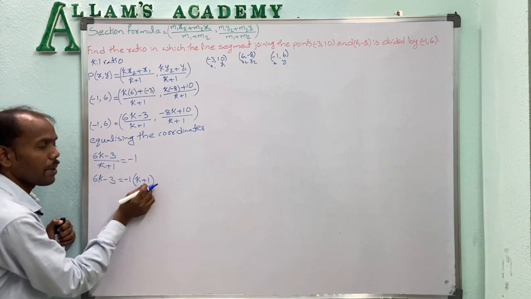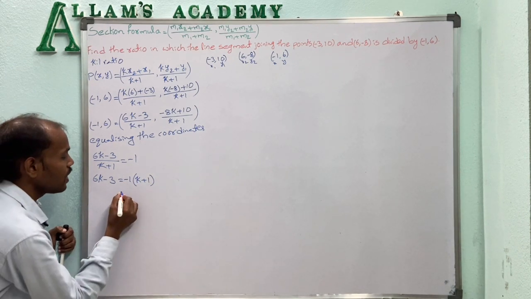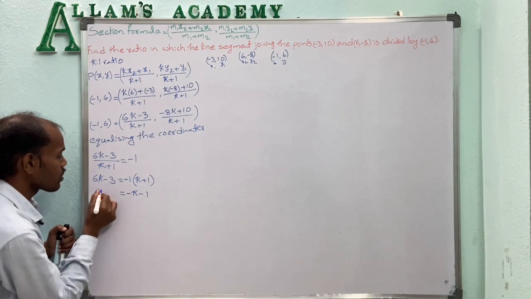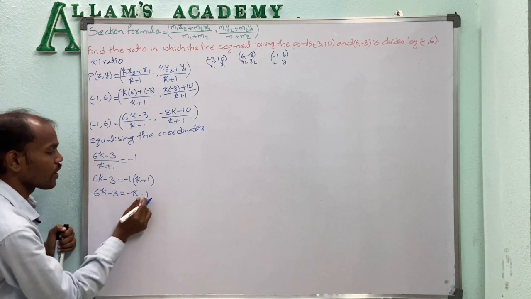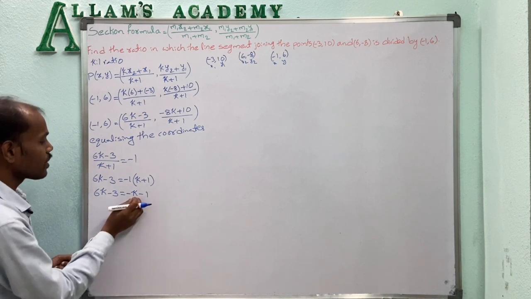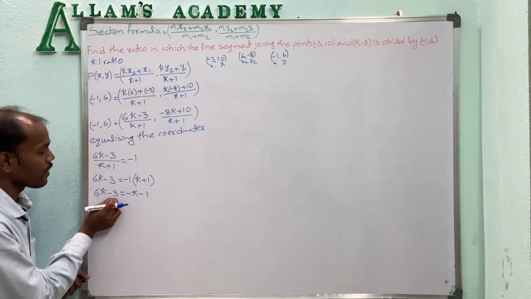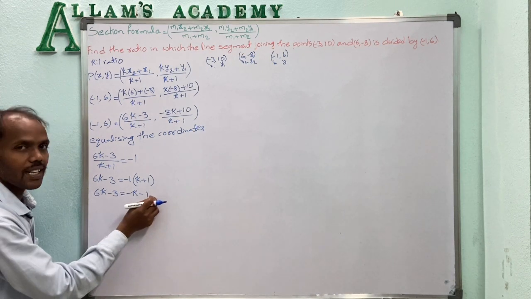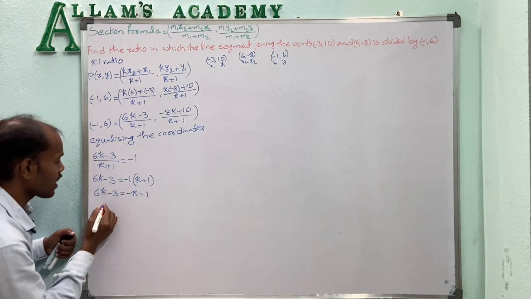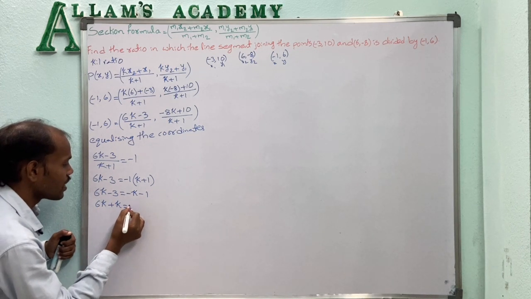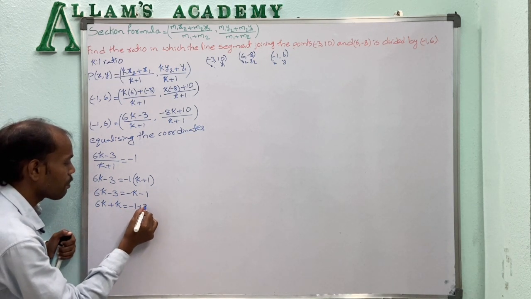So -1 multiplied with (k plus 1), we get -k minus 1. So 6k minus 3 is equal to -k minus 1. Now this -k transferring to LHS, that is plus k. This -3 on LHS transfers to RHS, plus 3. So 6k plus k is equal to -1 plus 3.